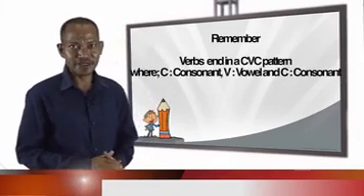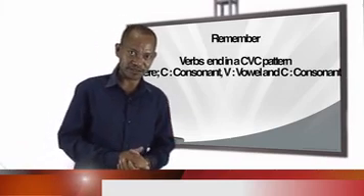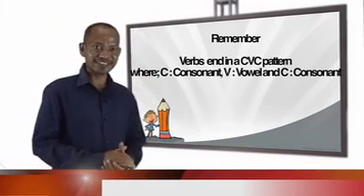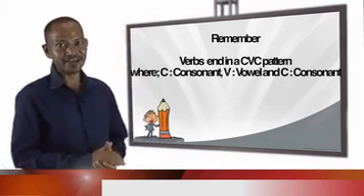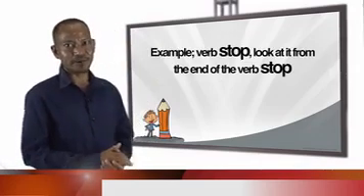And notice that there are also verbs that are ending in a CVC pattern, where in this case C stands for consonant, V stands for vowel, and then C again there stands for consonant. Let's look at the verb stop.